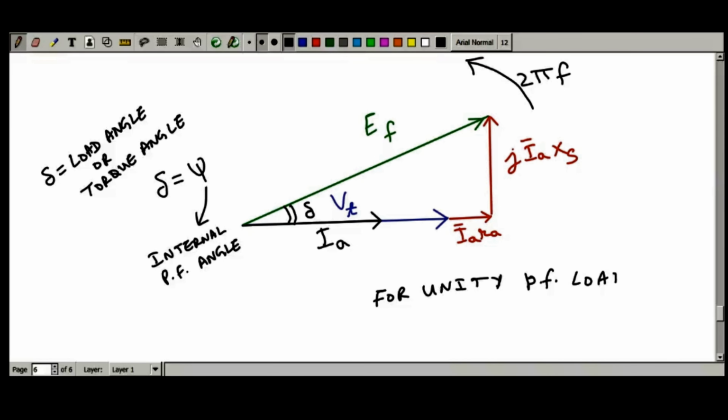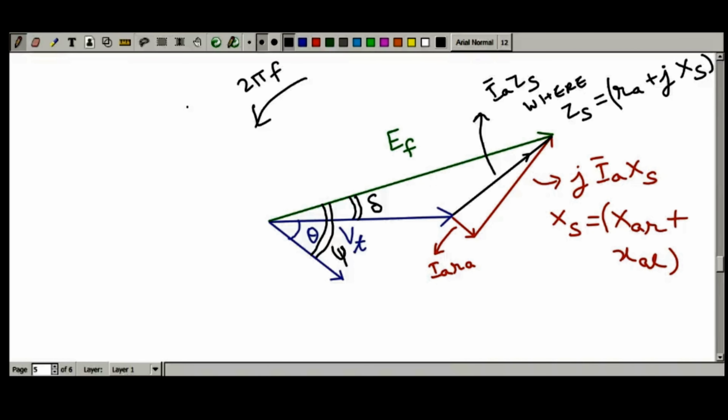Of course it is for a round rotor synchronous generator. And this phasor diagram is for lagging power factor load.